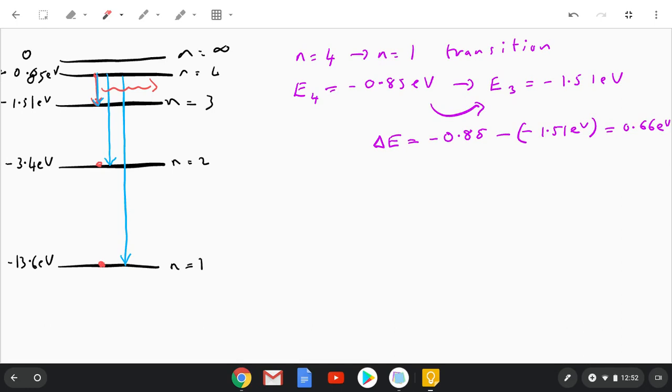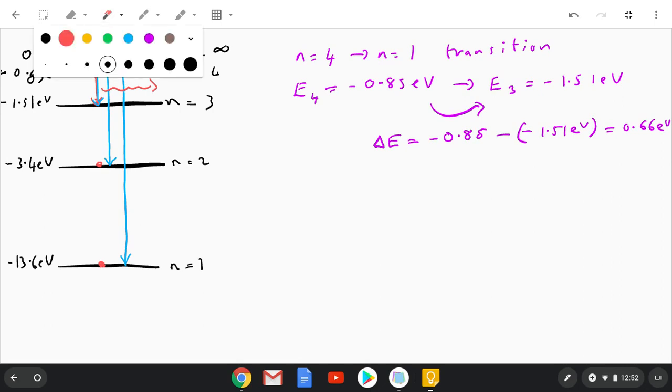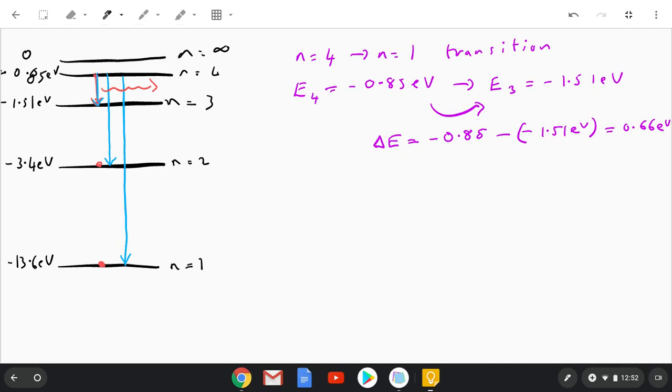So when electrons transition from a high energy level to a lower energy level, a photon is emitted. So let's write that down, because that is a very important statement. I might have written that down in the presentation, but let's write that down.